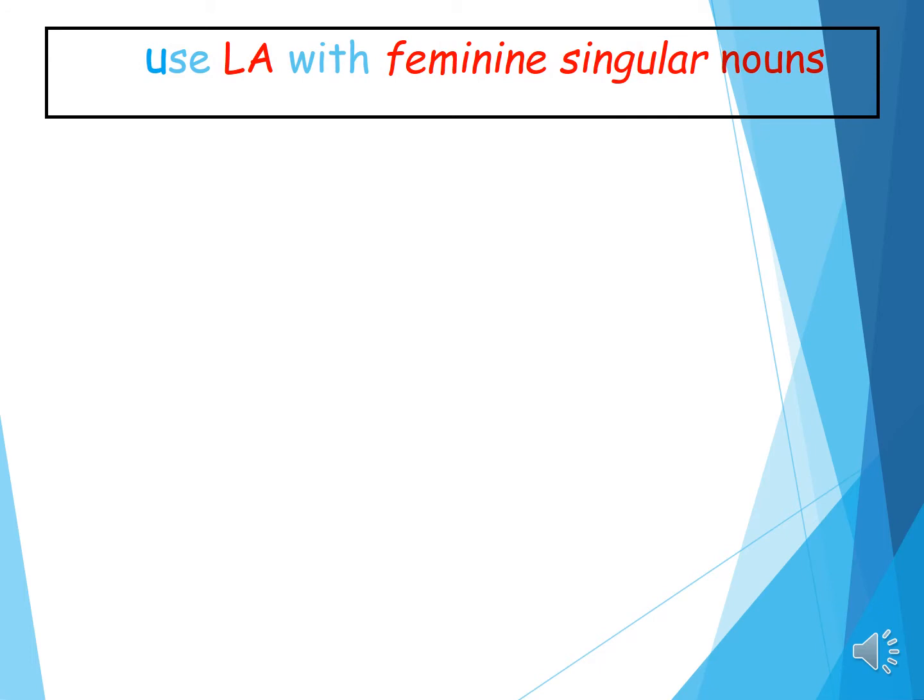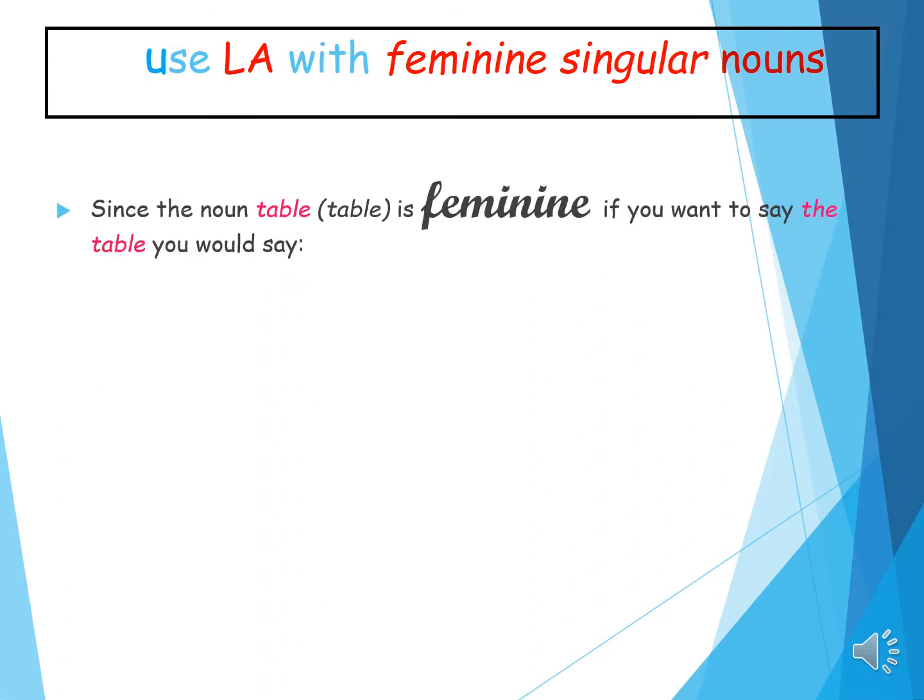And you will use la with feminine singular nouns. Let's see some examples. Since the noun table, which means table in English, is feminine in French, if you want to say "the table", you would say la table.